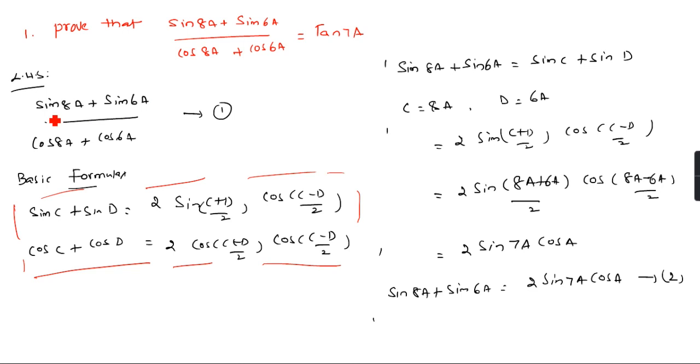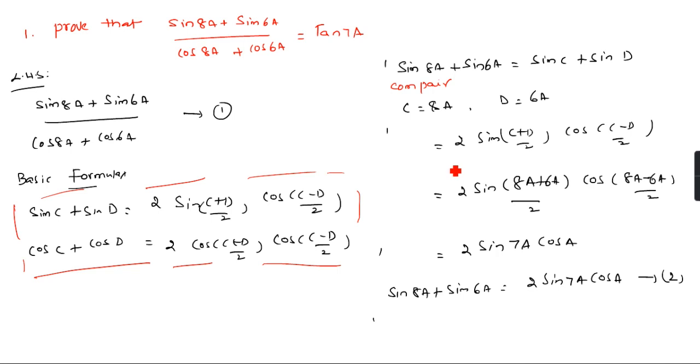So first we find sin 8a + sin 6a. What is the form? Sin C + sin D. Comparing, C = 8a and D = 6a, and therefore the formula is 2 sin((C + D)/2) cos((C - D)/2).